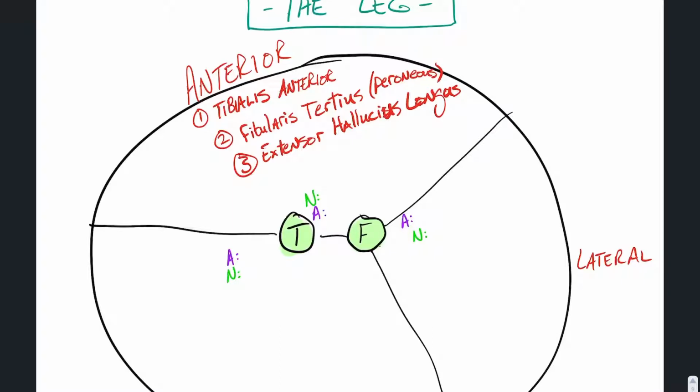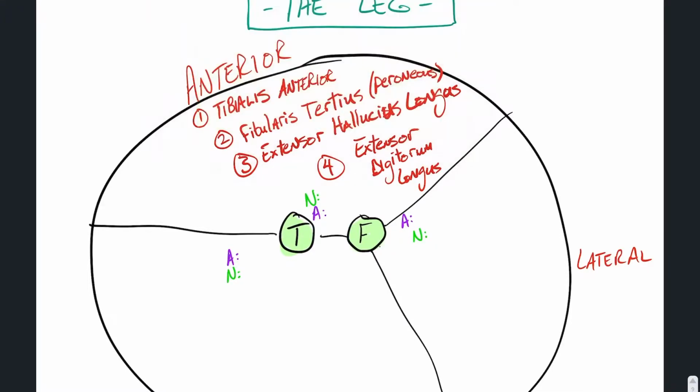So extensor hallucis longus, and then deep to that, we have the extensor, S-O-R. What? Starts with a D. D-I-G. Digitorum longus.